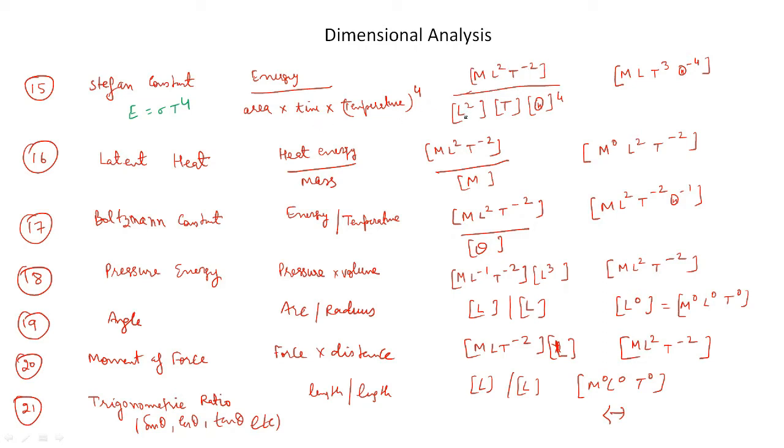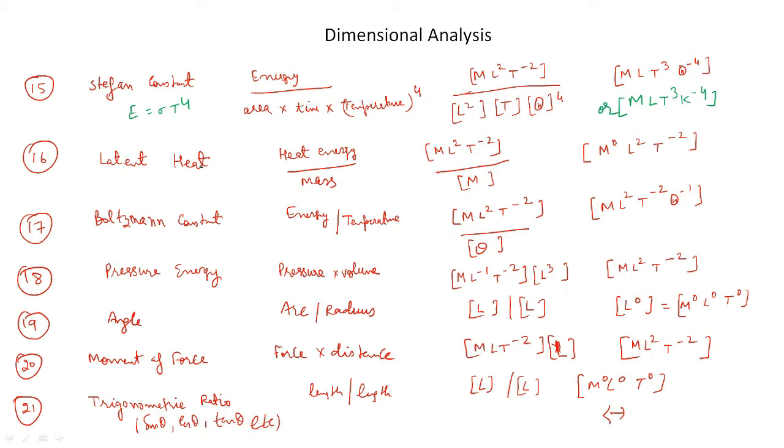Area is defined as L square. Time is by T, and temperature, in some books it is written as K, in some books it is written as theta. So we can write it as MT to the power minus 3 theta to the power minus 4, or we can also write it as MT cube K to the power minus 4.